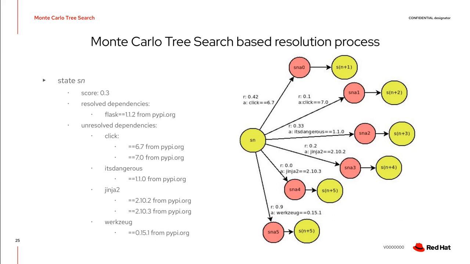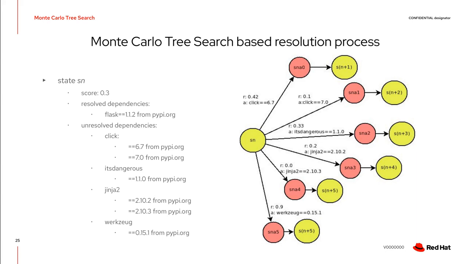In the resolved dependency set, we have Flask in a specific version that is installed from pypi.org, and in the unresolved dependencies set, we have dependencies that can be included into our software stack in specific versions. If I want to include click in my software stack, then I have two options: install click in version 6.7 or install click 7.0 from pypi.org. Which one?